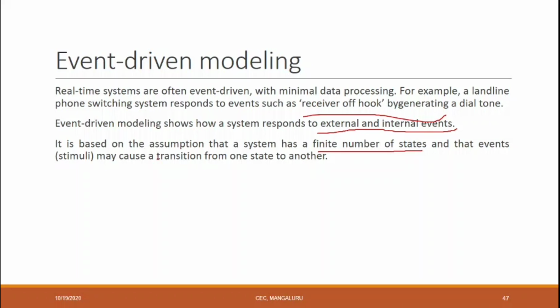So whenever any event occurs, there will be a finite number of states. After the completion of any one task, it moves to the other state. If the corresponding data is not available as an input for the next state, then it may go into an infinite state.